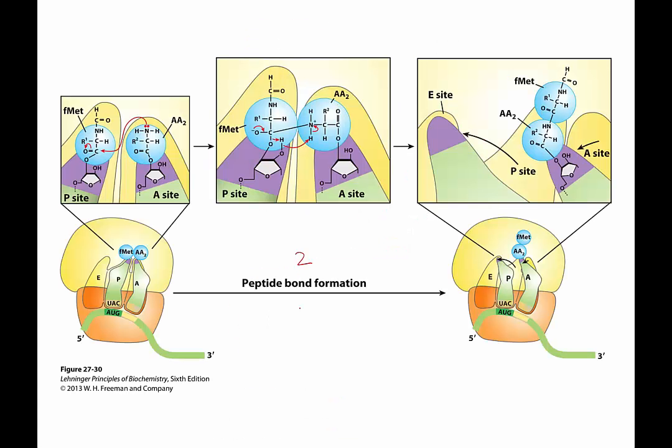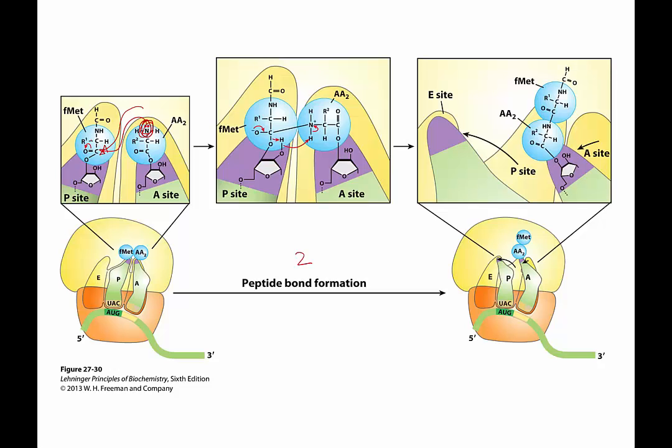And so now we come to step 2 in this process, which is where we have peptide bond formation. The peptide bond formation is not really that complicated, but it's interesting that the details of it are fairly well understood. Here, the amino end of the incoming amino acid performs a nucleophilic attack on the carboxyl of the ester linked amino acid.